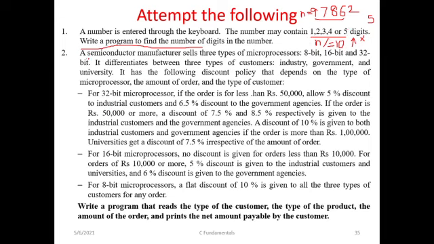Next, a semiconductor manufacturer sells 3 types of microprocessors: 8-bit, 16-bit and 32-bit. So these are all real-time examples where your C program is utilized. As far as the first one is concerned, what is the real-time example where it is used? You would have seen a lot of day-to-day examples where a token is given.